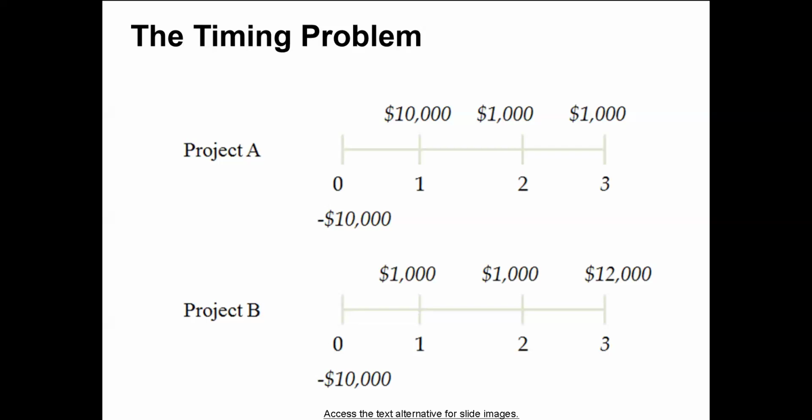So for these cases, there is a very high probability you can get a timing problem, because the timing of the cash inflows is quite different between project A and project B.